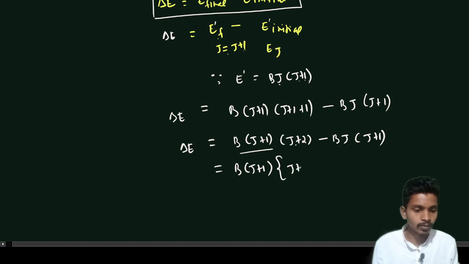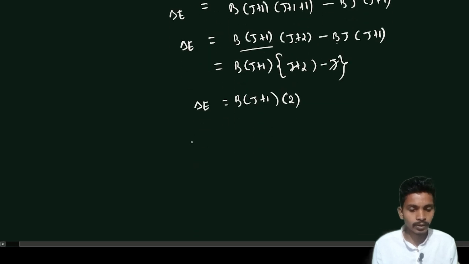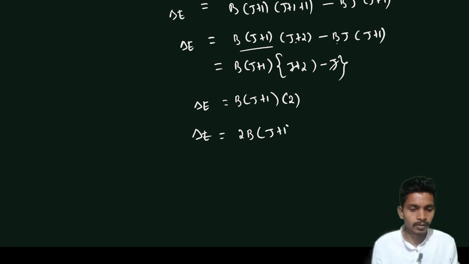J plus 2 minus J, so 2 remains. So this delta E is going to be 2B(J+1).